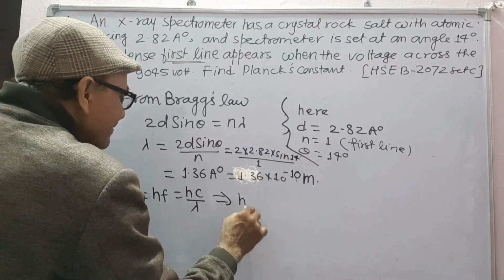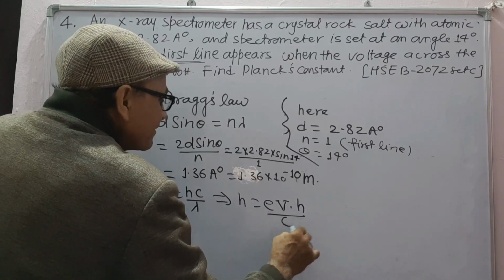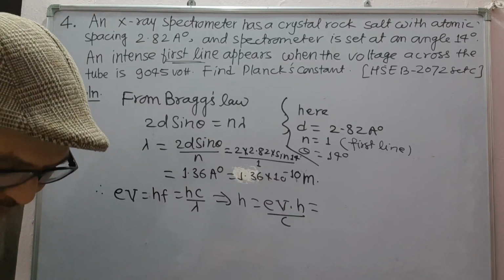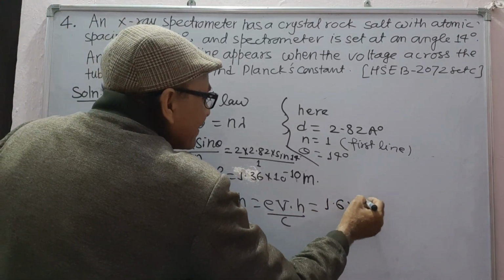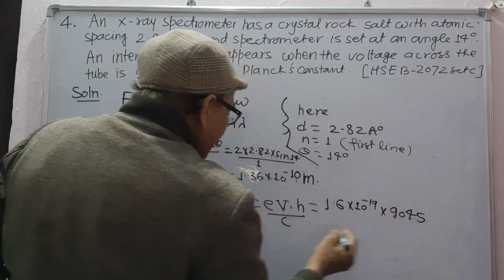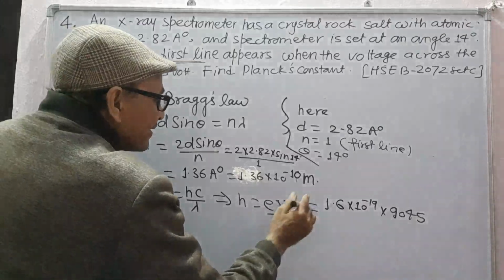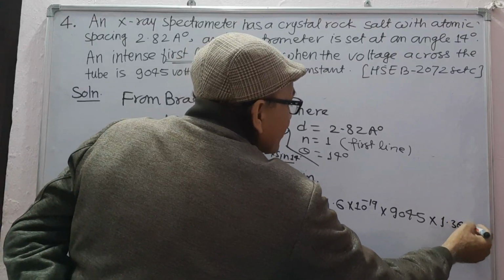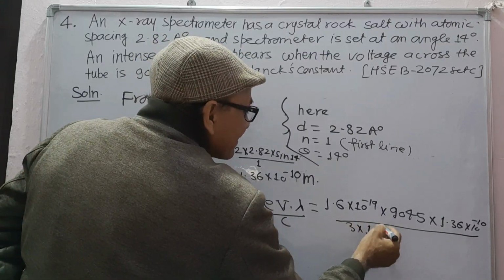This gives H as EB into lambda upon C. Now putting the values we get E is 1.6 into 10 to minus 19, B is 9045, and lambda is 1.36 into 10 to minus 10, upon C means 3 into 10 to power 8.